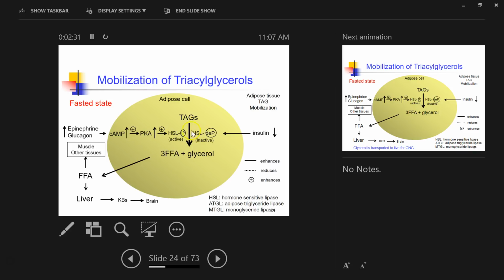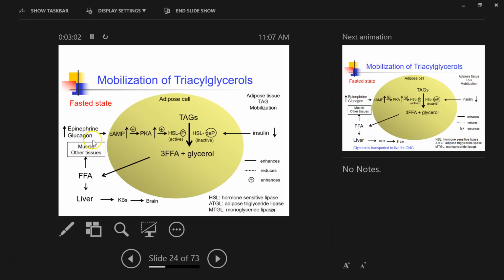And one is inside of the cell, and the other one is in the circulation. And regarding regulation, I also wanted you to know that epinephrine and glucagon activate HSL, right? Question? No, HSL in the cells, and LPL in the circulation, yes.